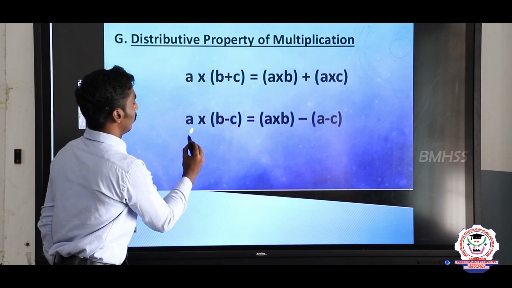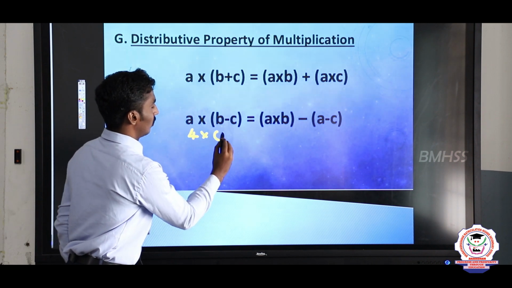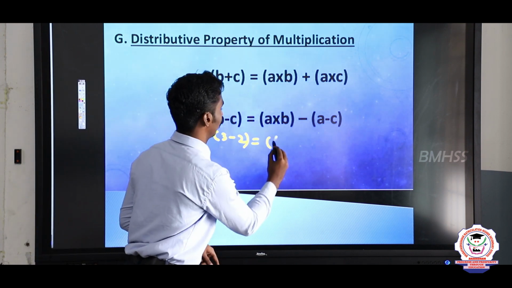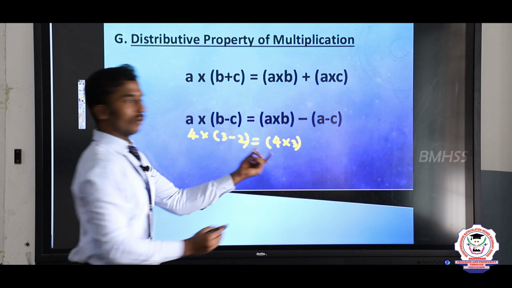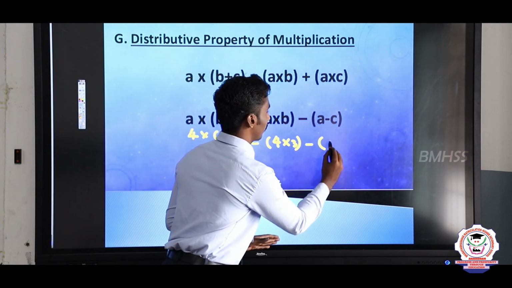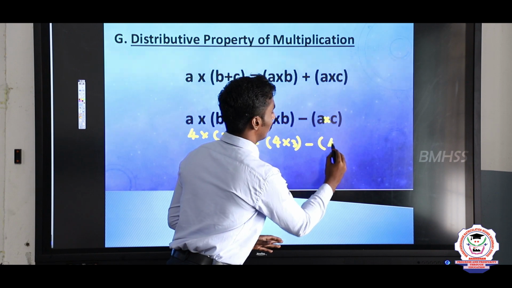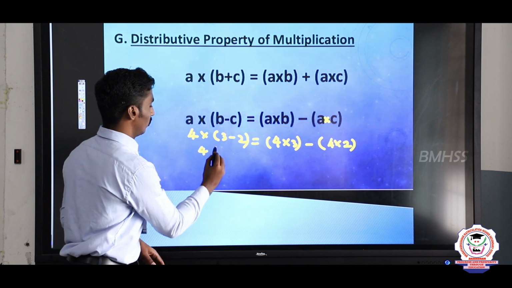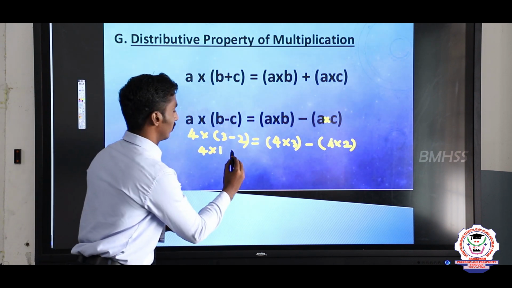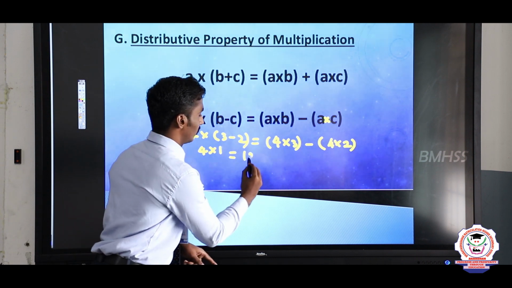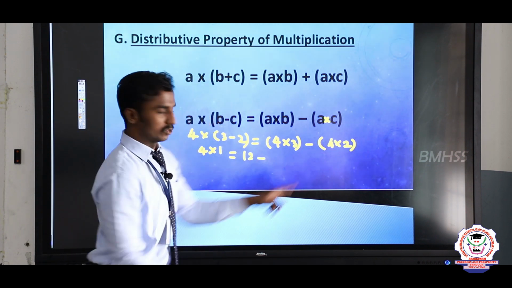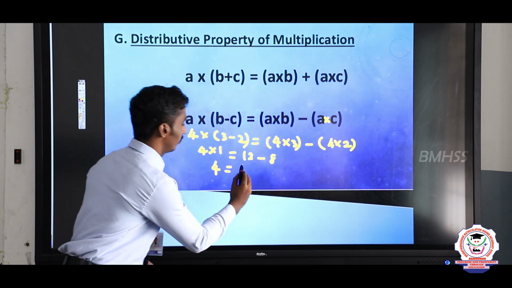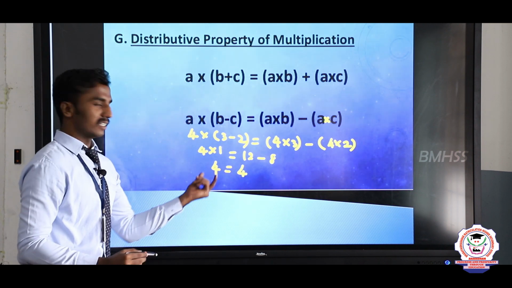Same number. 4 into 3 minus 2 equal to 4 into 3 minus 4 into 2. 4 into 3 minus 2 we get 1, equal to 4 3s are 12 minus 4 2s are 8. 4 1s are 4 equal to 12 minus 8 we get 4. 4 equal to 4. LHS equal to RHS.